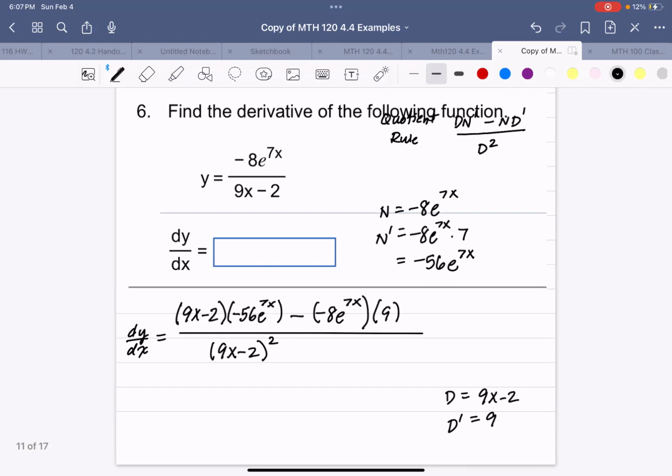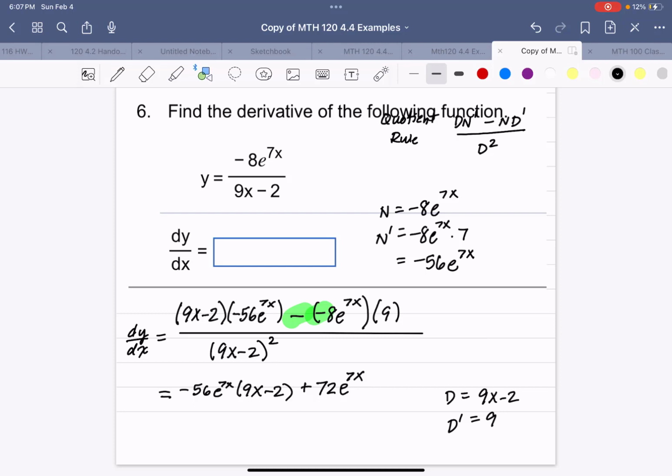So I'm going to try to clean this up just a little bit. I'm going to put the negative 56 e to the 7x in the front of the 9x minus 2. Here I'm going to pay attention to a minus and a minus, make a plus, and 8 times 9 is a 72, e to the 7x.